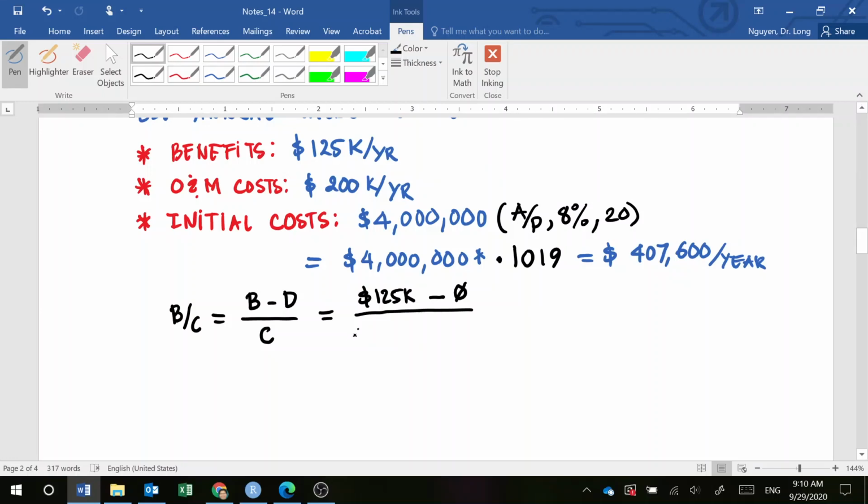So the initial cost is 407.6k, the equivalent amount, plus the O&M cost of 200,000 per year. This gives the ratio 0.206, which is less than 1.